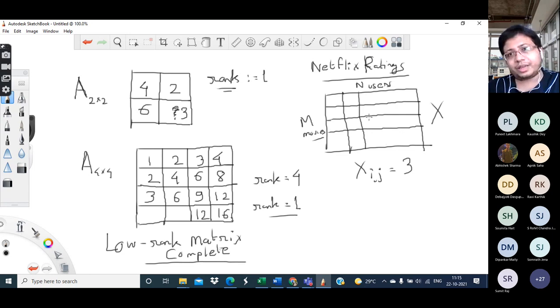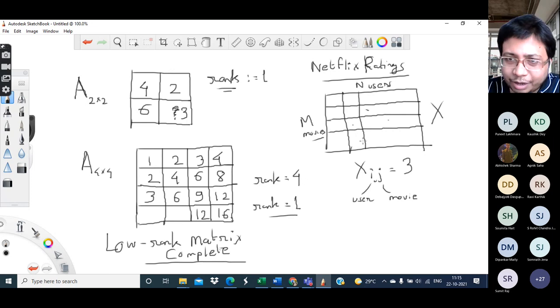So basically, this will be a very sparse matrix. Only a small number of these ratings will actually be known. Now, if X i,j is equal to 3, that means that the ith user has given a rating of 3 to the jth movie. As I said, this is a very sparse matrix. Most of these elements are not known to us.